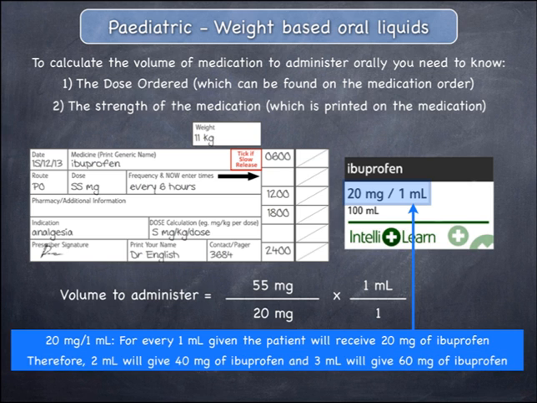Therefore, if you were to administer 2 ml, the patient would receive 40 milligrams of ibuprofen, and similarly, a dose of 3 ml would result in 60 milligrams of ibuprofen. For this order, the patient must receive 55 milligrams of ibuprofen, and therefore you know that the volume to administer is between 2 ml and 3 ml.